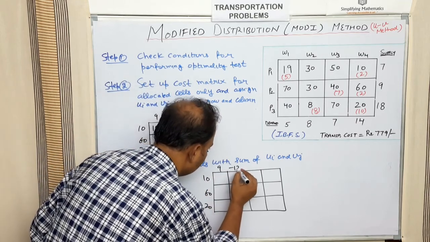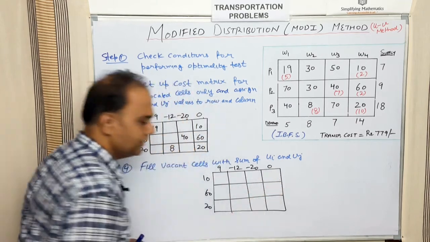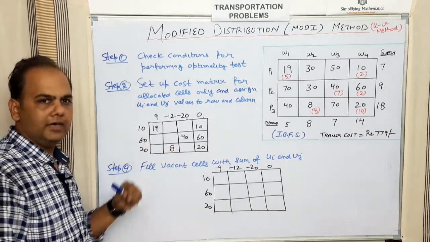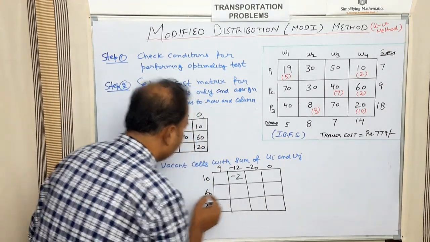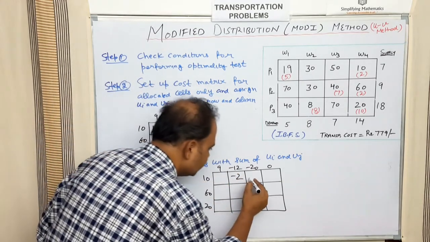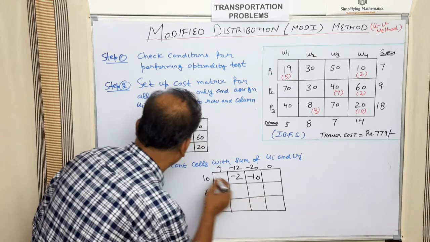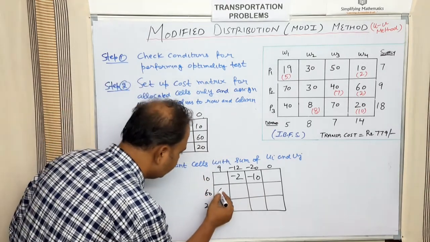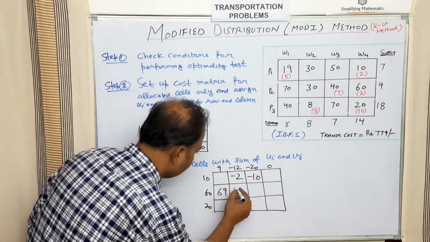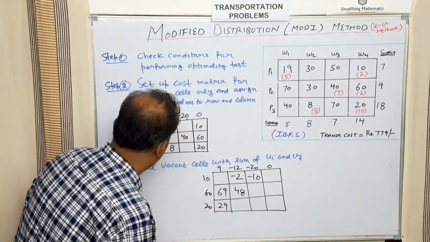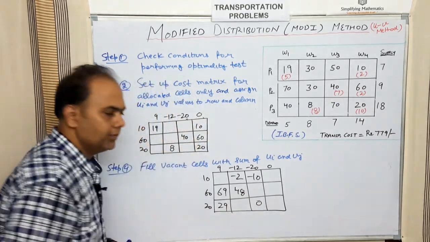So 9, minus 12, minus 20 and 0. Now what will be the value here? So 10 plus minus 12, this is minus 2. 10 plus minus 20, this is minus 10. So 60 plus 9, 69, then 48, then 29, then 0.